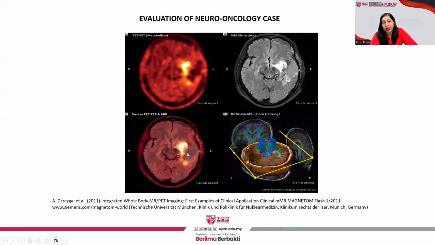And we can see some area of gliosis in the region of the resection of the previous large glioma in the brain. We can also correlate with other MR sequences, such as MR tractography, where we can see abnormal tracts in the region of the previous resection.